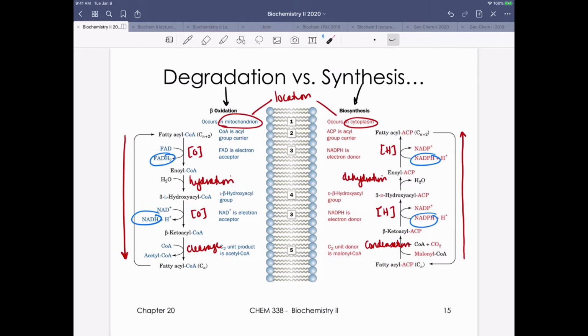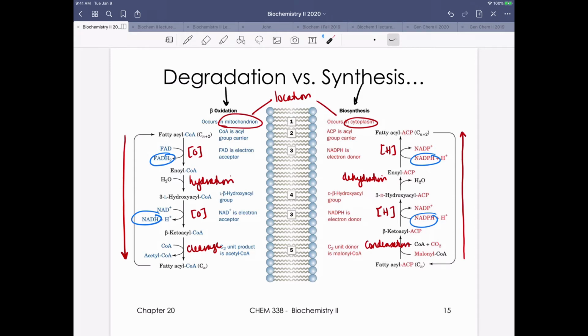But highlighting again what happens here in our process of beta oxidation. So we're going to have oxidation, hydration, oxidation, cleavage. And we see here these oxidation chemistries occur with the generation of the reduced cofactors NADH and FADH2. So we essentially reverse that process with fatty acid synthesis.